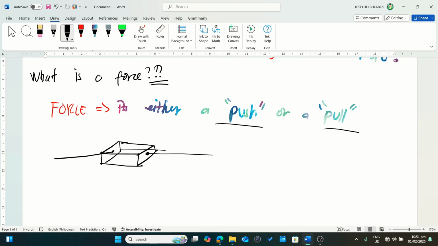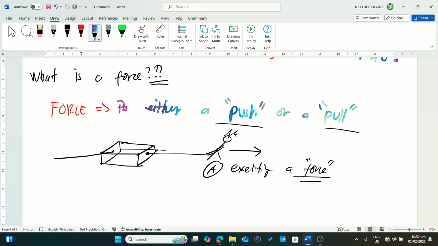If someone is pulling this rope in this direction, it means that this person A is exerting a force. So, it's doing some force.